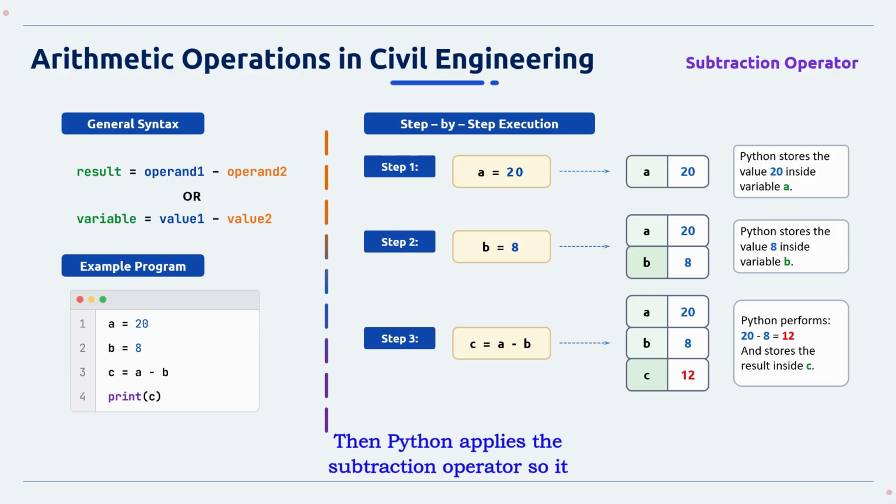Then Python applies the subtraction operator, so it performs the calculation, 20 minus 8 equals 12. Finally, Python stores the result 12 inside another new variable c. At this stage, the memory contains three variables a, b, and c. The variable c now stores the value 12.